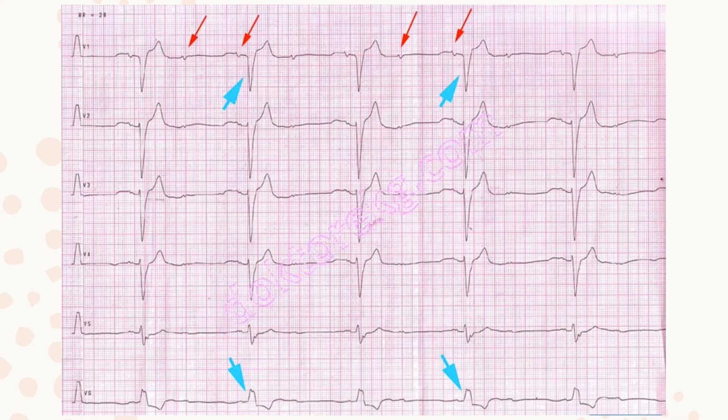Here's an example where you can sort of see that bundle branch pattern that we talked about on the QRSs. And you can see the P waves that are occurring underneath the red arrows. So we have P waves that are going to march out, but we don't have a QRS for every P wave.